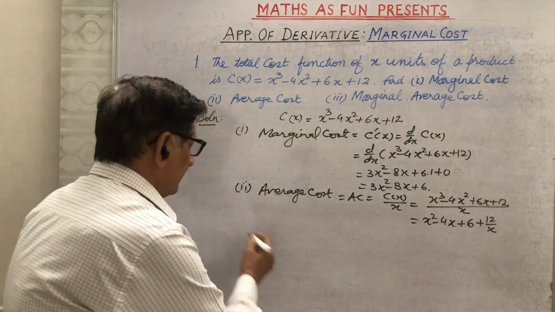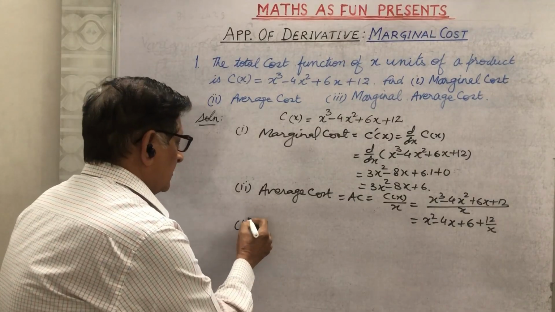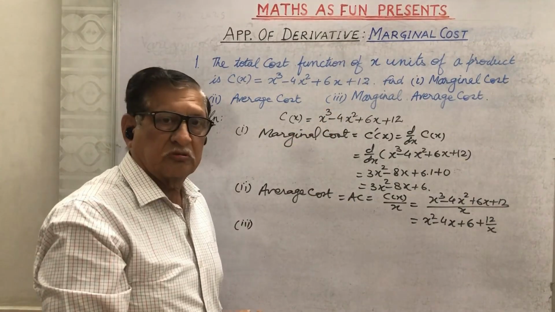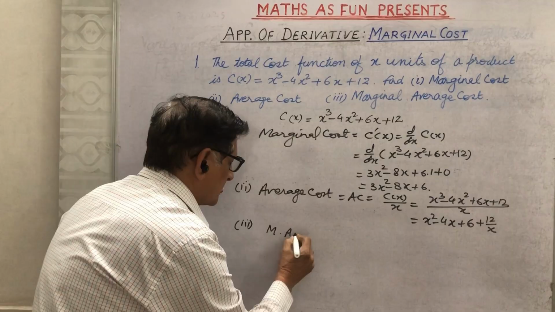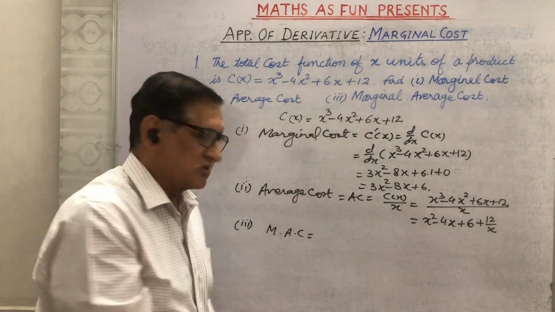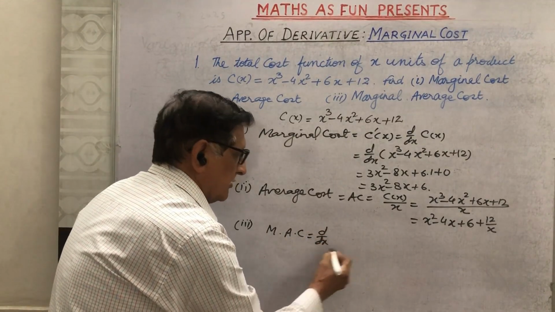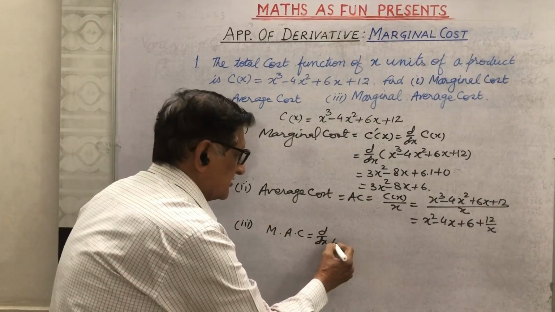Now in the third part, we will find the marginal average cost. Marginal average cost, we know, is d by dx of the average cost, that is AC.